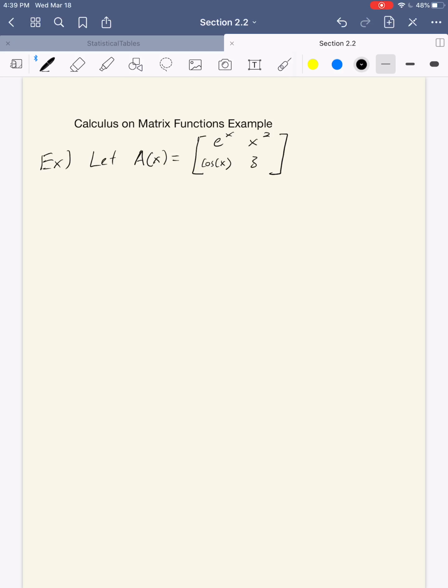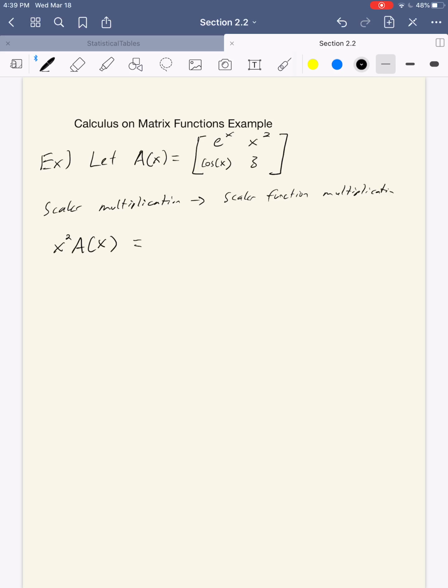So we talked about how you can multiply a matrix by a scalar. Well, you can also multiply a matrix function by a functional scalar, right? So you can take your scalar multiplication and extend it into scalar function multiplication. In other words, we could talk about something like x squared A of x.